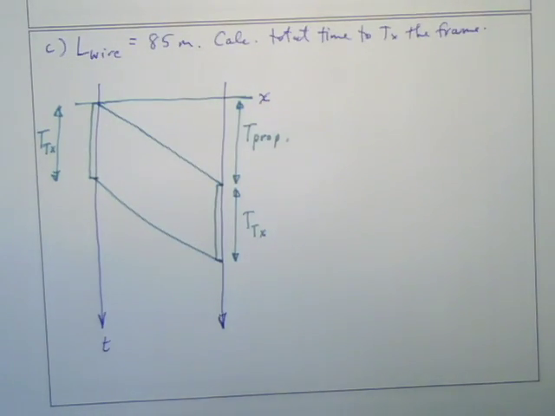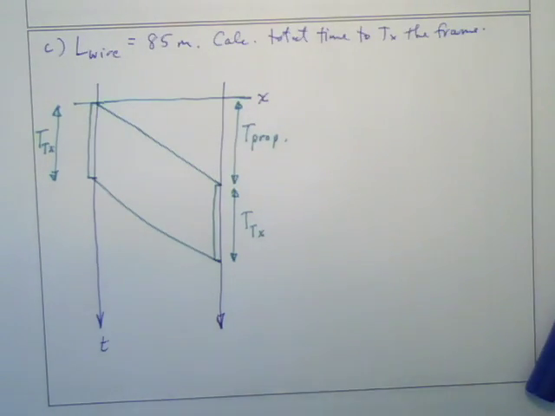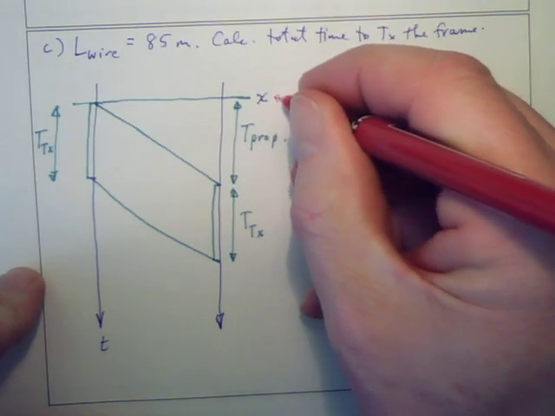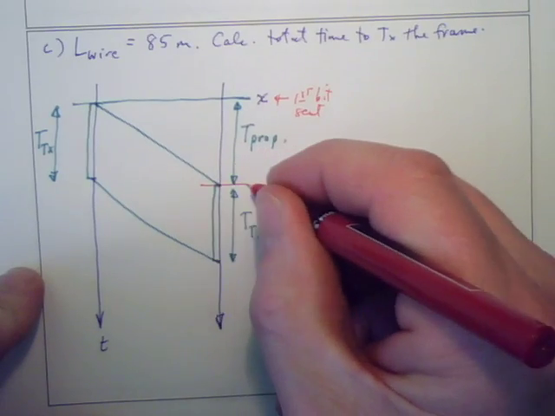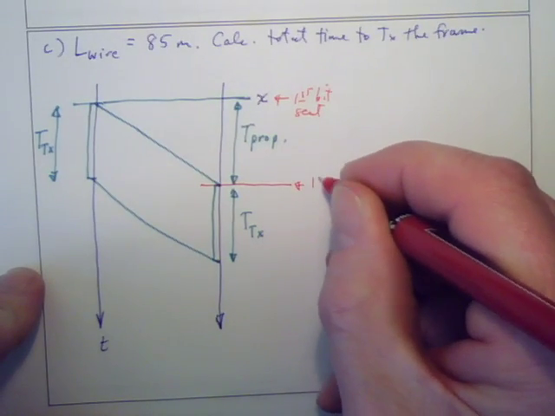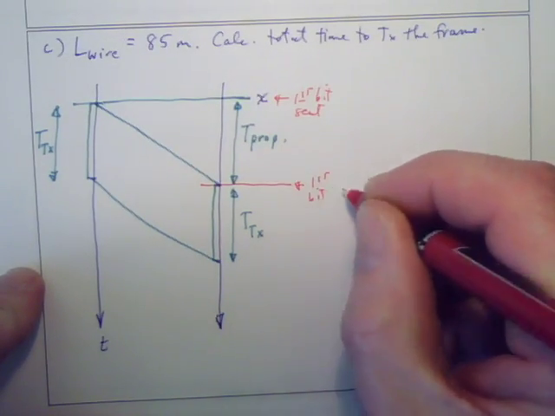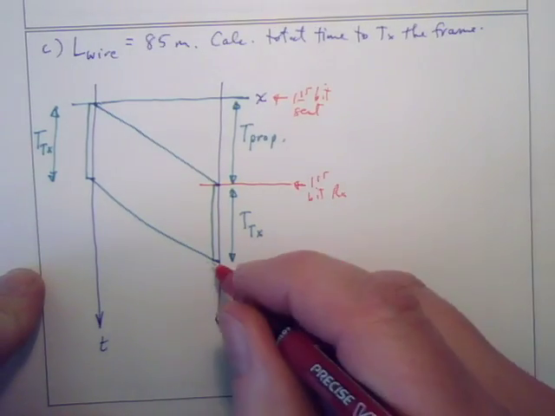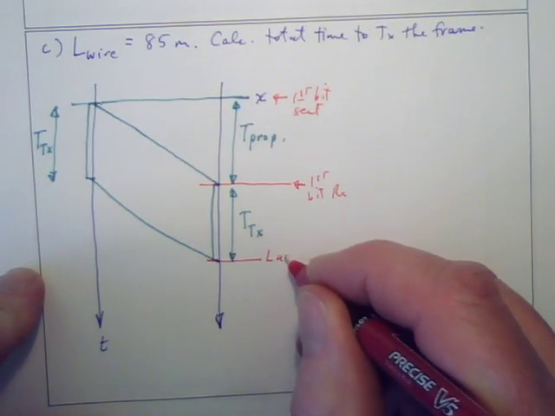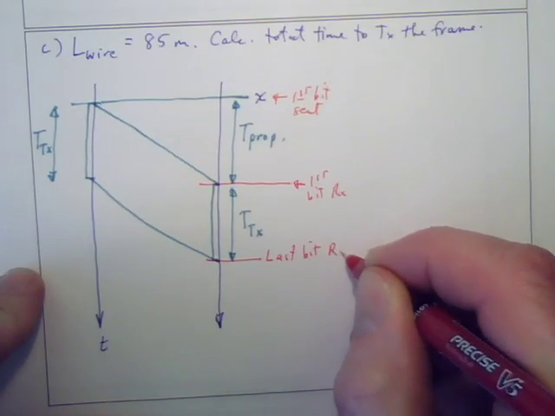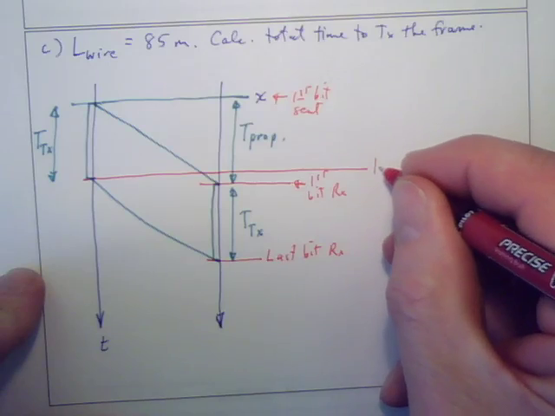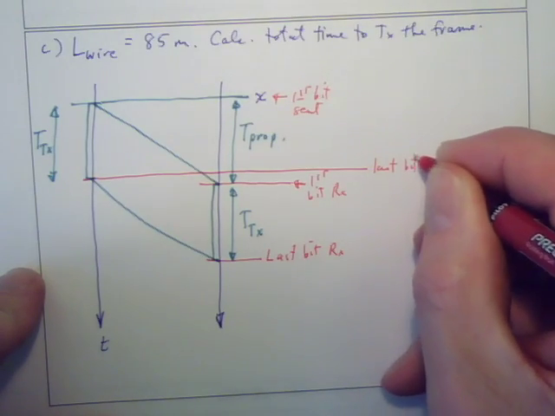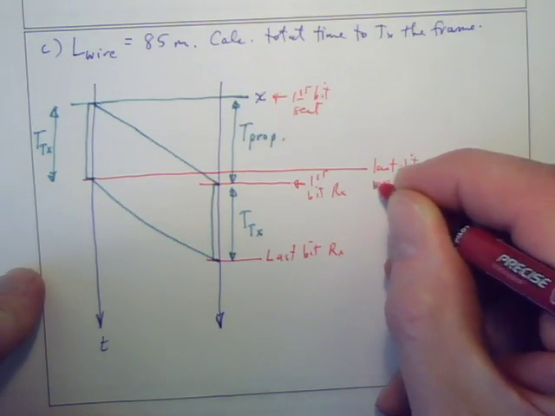So we can label a bunch of these times. Here's where the first bit was sent, here's where the first bit was received, here's where the last bit was received, and here, some other funny time is where the last bit was transmitted.